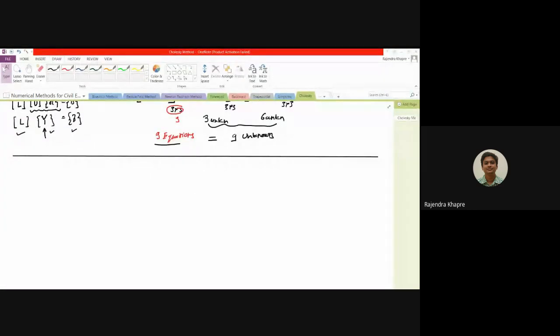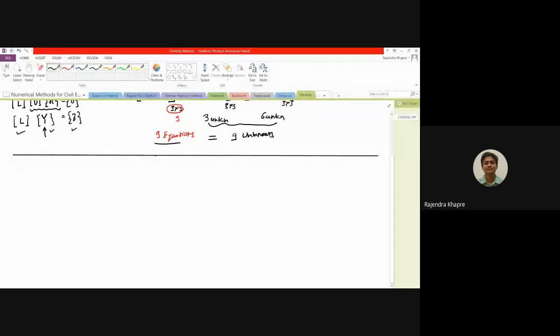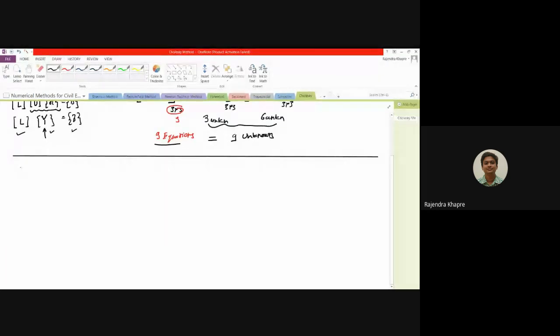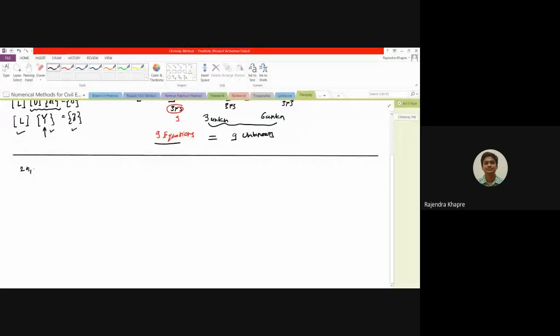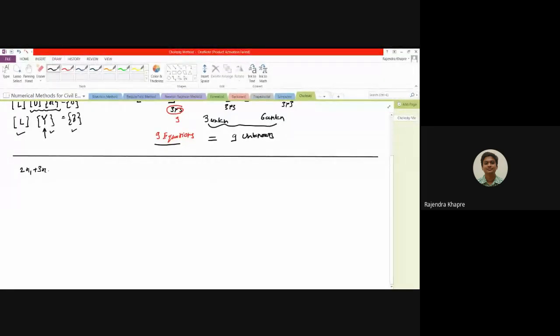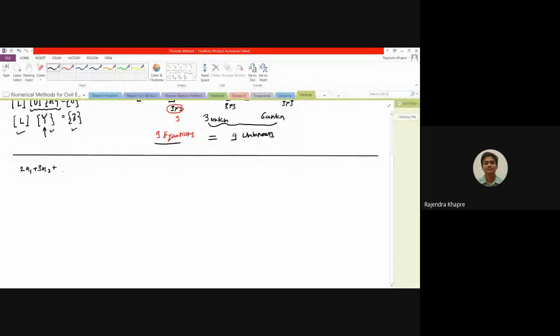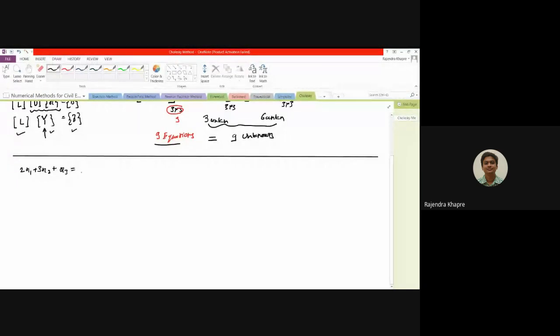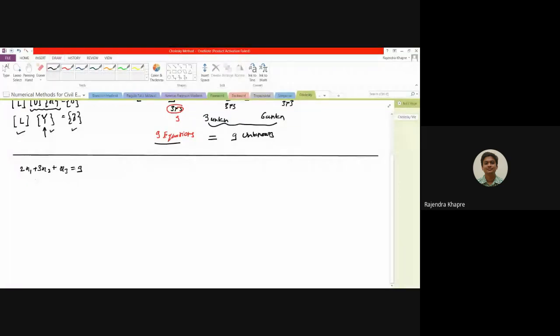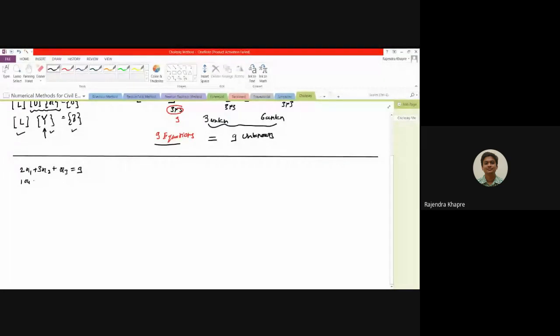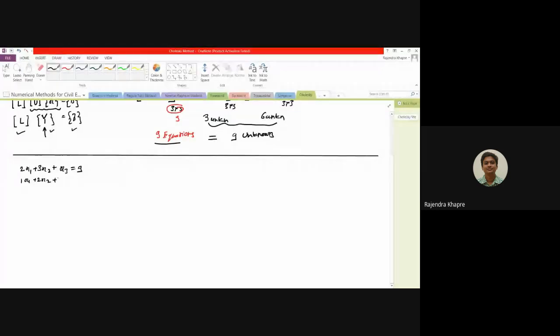We have the first equation as 2 times x1, sorry, not 3 times, 2 times x1, plus 3 times x2, and plus x3 equals 9. The second equation is 1 times x1 plus 2 times x2 plus 3 times x3, equal to 6.